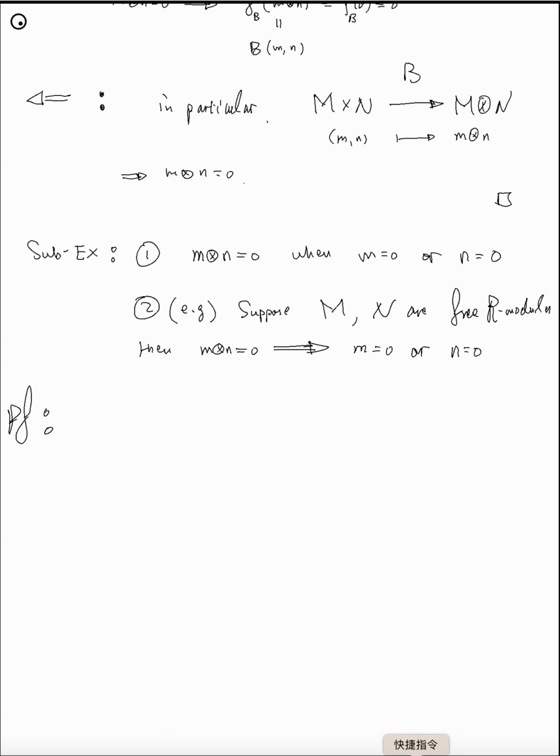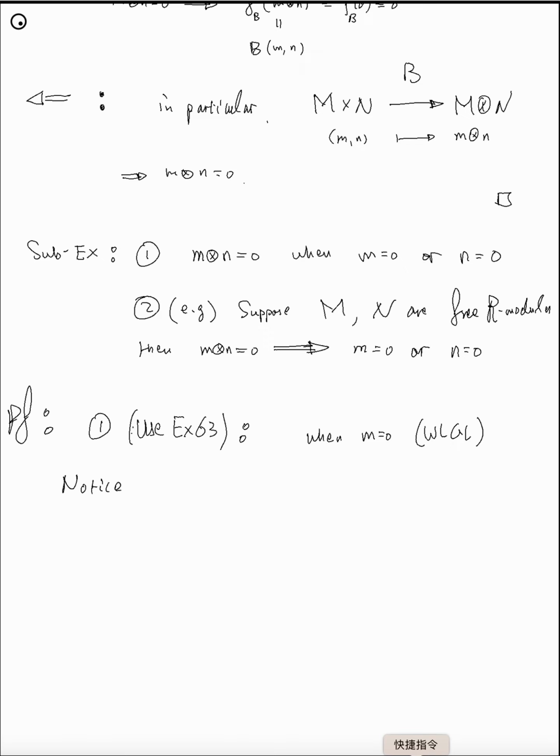Firstly, how do you prove 1? So again, you just use the exercise just proved. When M equals 0, without loss of generality, N equals 0 is the same argument.